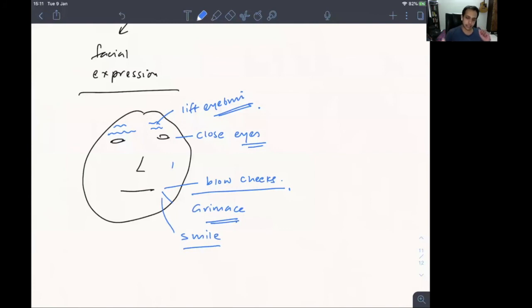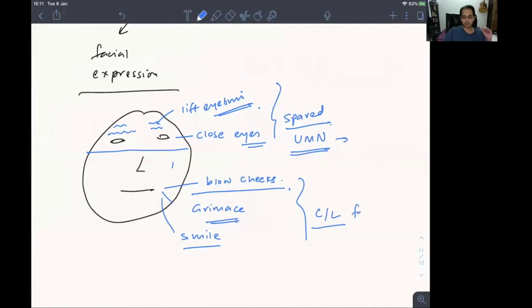Now, these are all different facial muscles that we use. And classically, in a UMN facial nerve lesion, the upper aspect is spared on both sides, whereas only the lower aspect, the contralateral facial nerve, is involved. But if it is an LMN lesion, then the entire face is involved. The reason is that the upper half of the face has a bilateral representation.